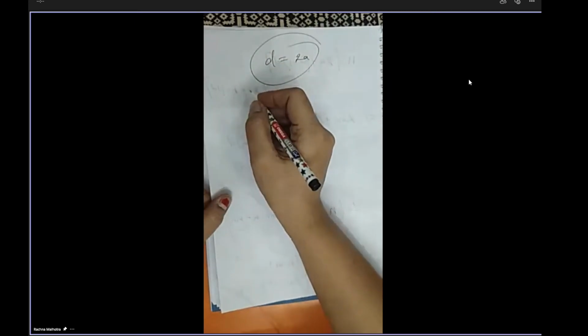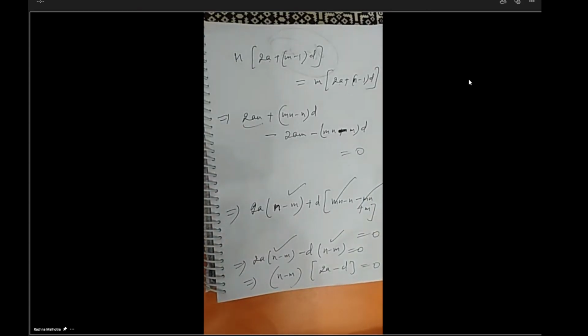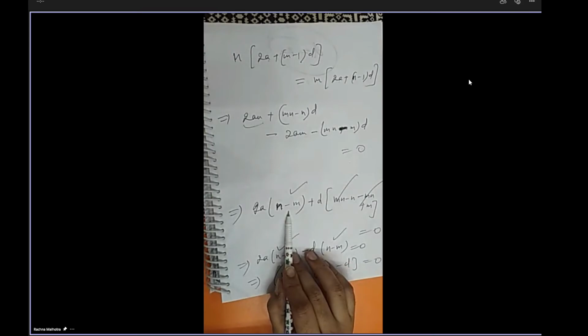The d was being multiplied by m minus n and not n minus m. Where, beta? When we take out d common, the thing which is left in the bracket is m minus n and not n minus m. This time you can see the n minus m is there, na?